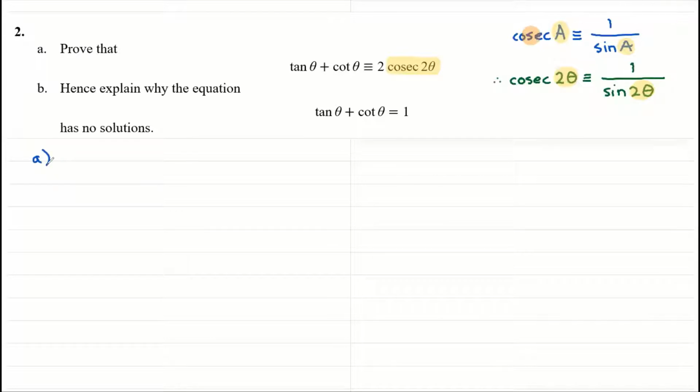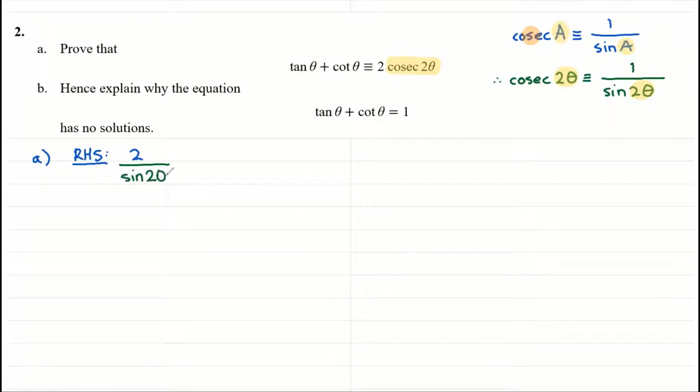So we're going to start with the right-hand side. So the right-hand side, 2 cosec 2 theta is just going to be the same as 2 over the sine of 2 theta.